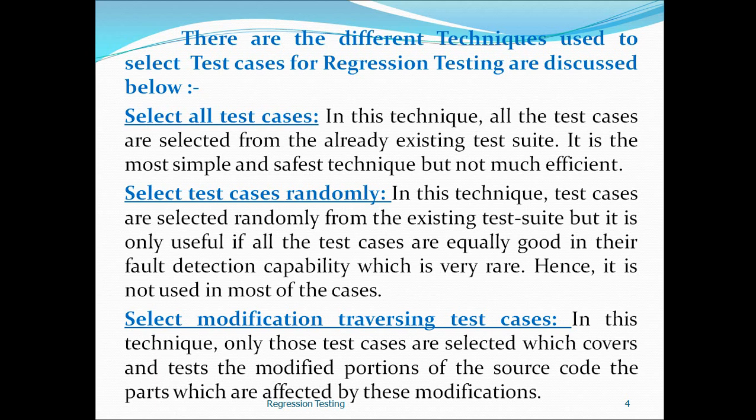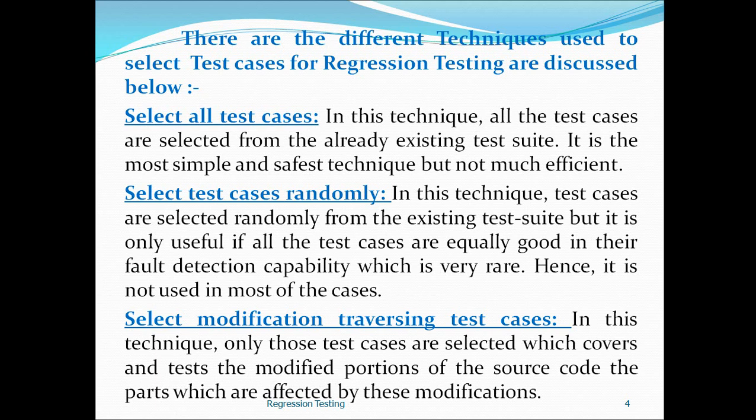The next one is select test cases randomly. It is a technique in which test cases are selected randomly from the existing test suite, but it is only useful if all the test cases are equally good in their fault detection capability, which is very rare. Hence, it is not used in most cases.